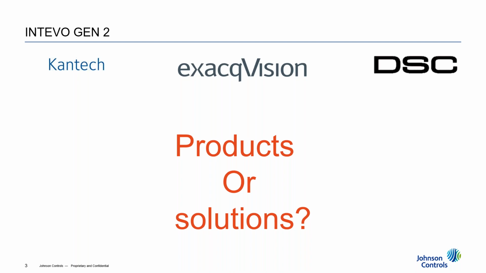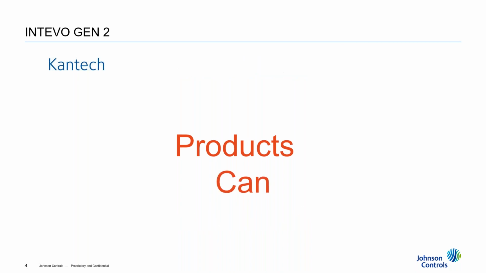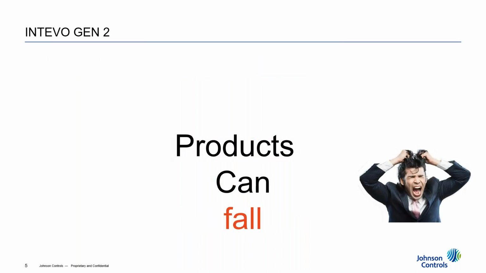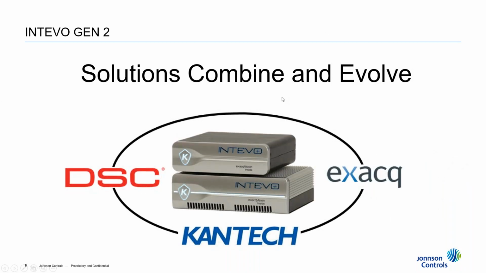Why have products when you can have solutions? Because products can phase out and actually fall or disappear or be individually chipped away and changed. Do we want to individually chip away and change products? Not particularly, right? Whereas the solution itself can combine and evolve to give you more power, right?